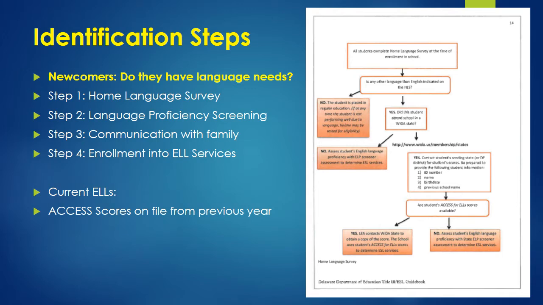And then the fourth step, if the family does agree that the student will receive services, is to officially enroll them so that they become identified as ESL students. So these are the four main steps for new students that come into your school, either from another district or another state or wherever they have come from. These are the processes that need to take place.